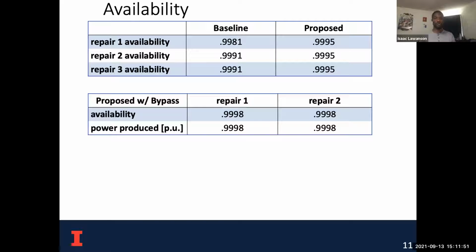But for the proposed, there's actually very little change between all the different repair strategies, showing that even the least aggressive repair strategy is still better than the most aggressive repair strategy for the baseline. And then for the proposed with bypass, both of them are pretty much comparable and are much better than the proposed and the baseline architecture.